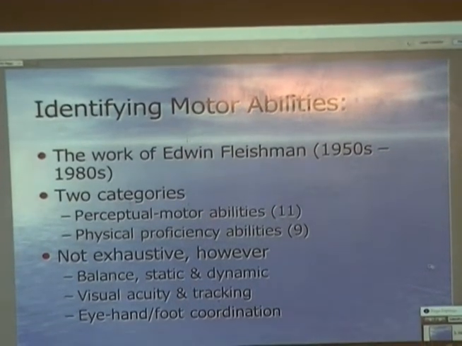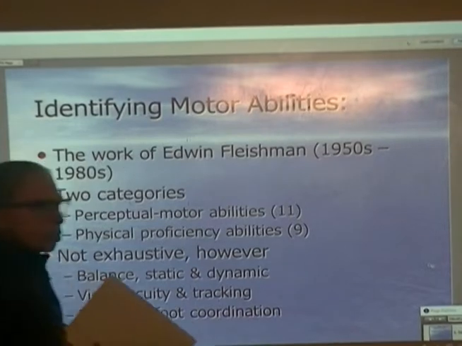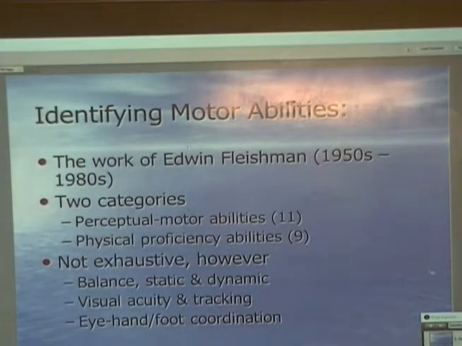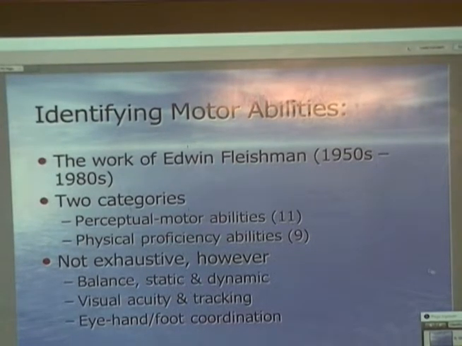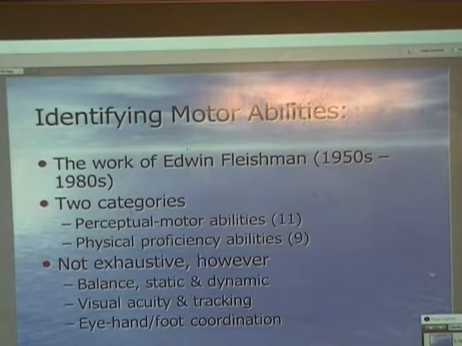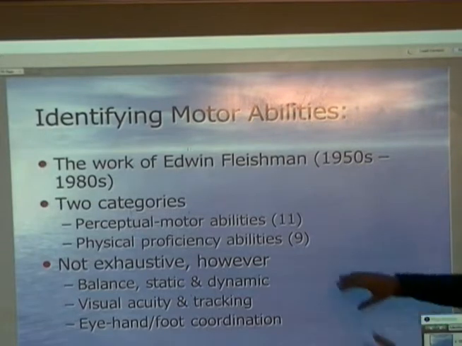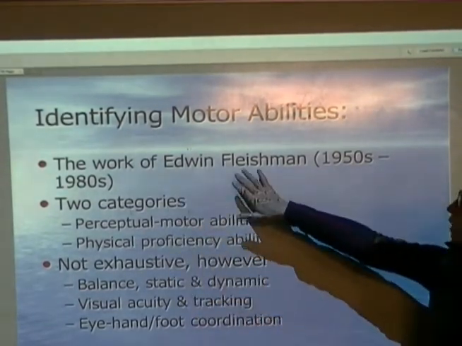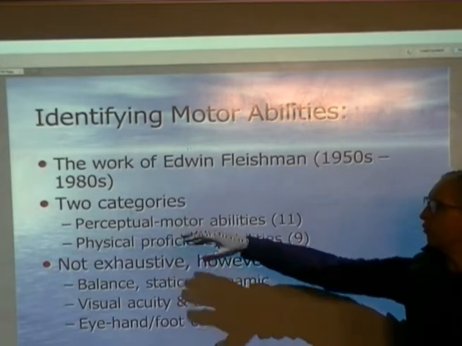So it's been a long time since the initial work on motor abilities was done. It hasn't really ever been completed. People got interested in other things, and it hasn't ever got totally finished. So originally, Fleischmann came up with two categories.